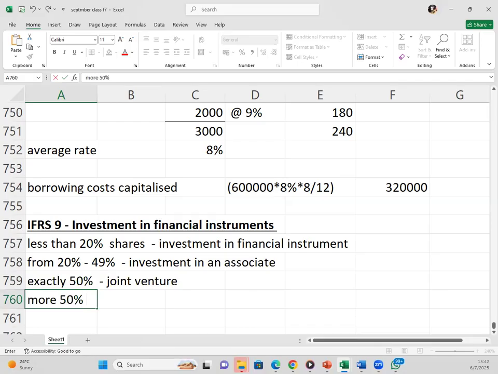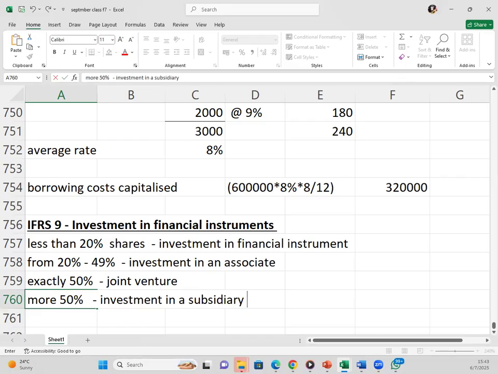More than 50%, that's an investment in a subsidiary. So each one of these has a standard.